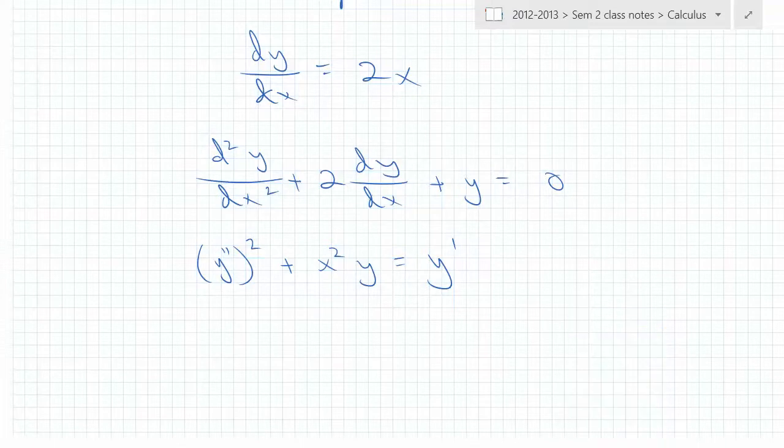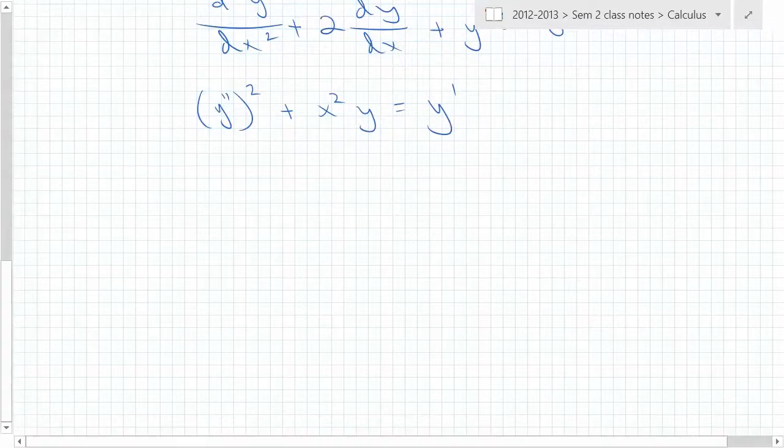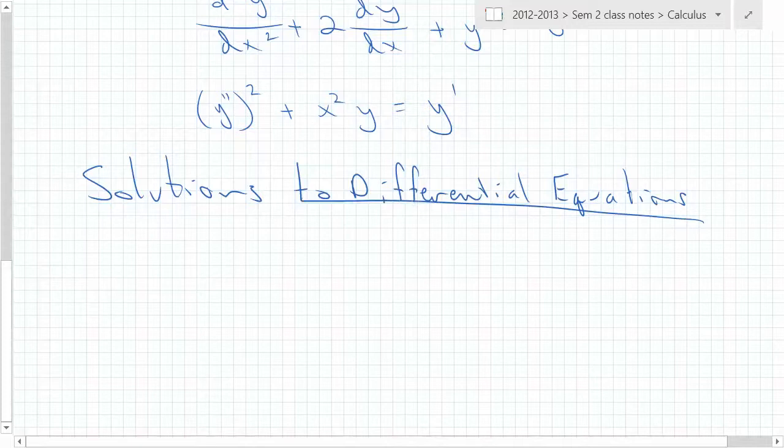What we're going to talk about first is solutions to differential equations. First, a definition.